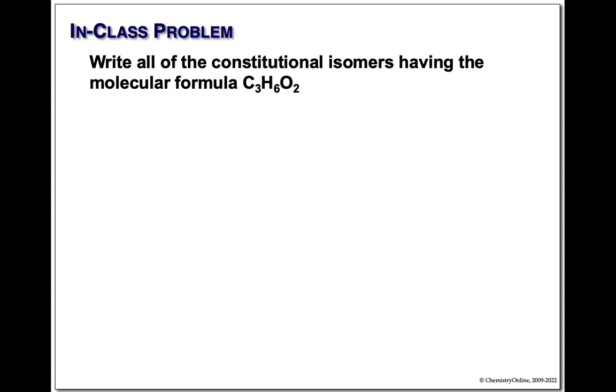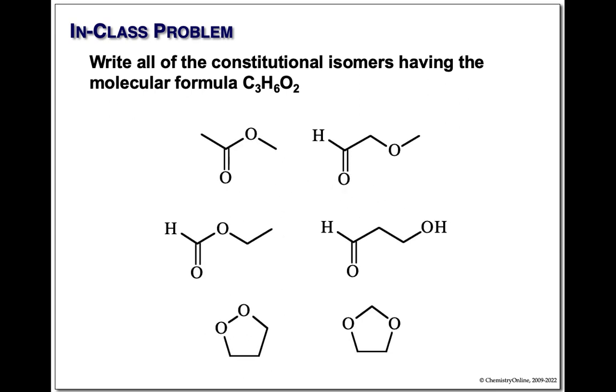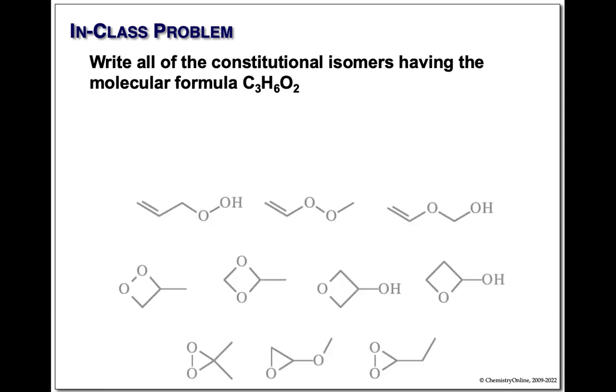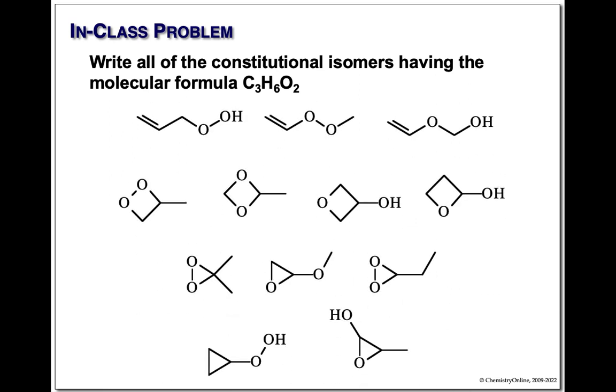This one never quite made it on the exam because this is part of the answer. Here we have carbon-oxygen double bonds. Here we have oxygens in the ring. We have 1, 2, 3, 4, 5, 6 here. And we have these guys as well.